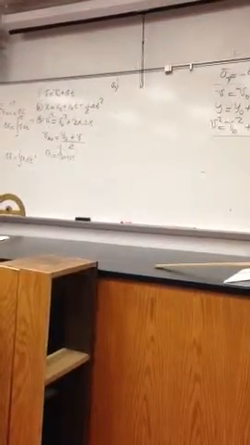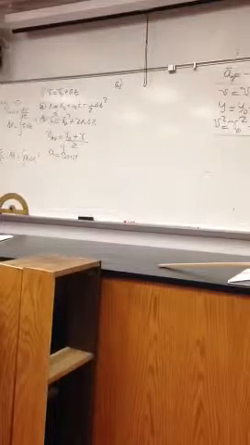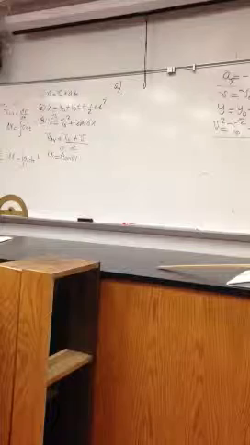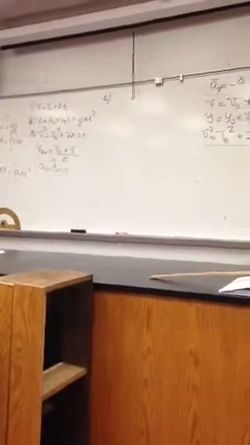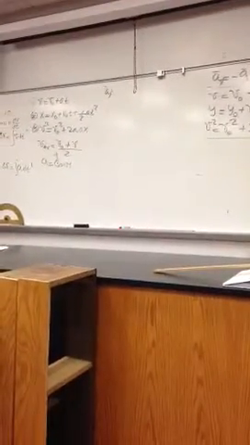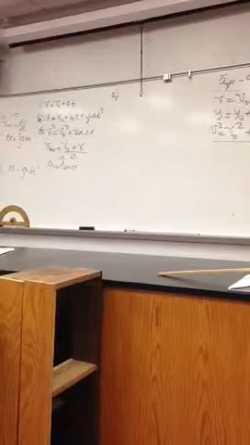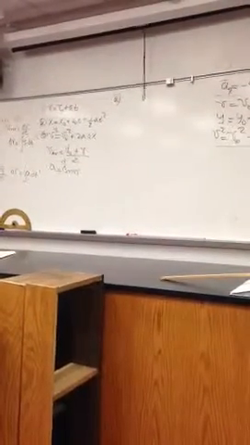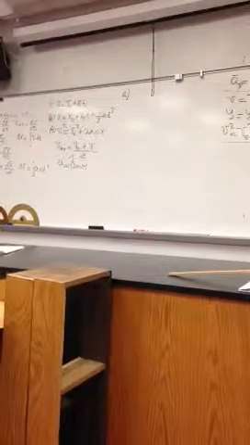If the object goes out of your hand, what is Y initial? And Y final? Still 0. So we know position, and we are looking for time. What is the equation that relates position and time?